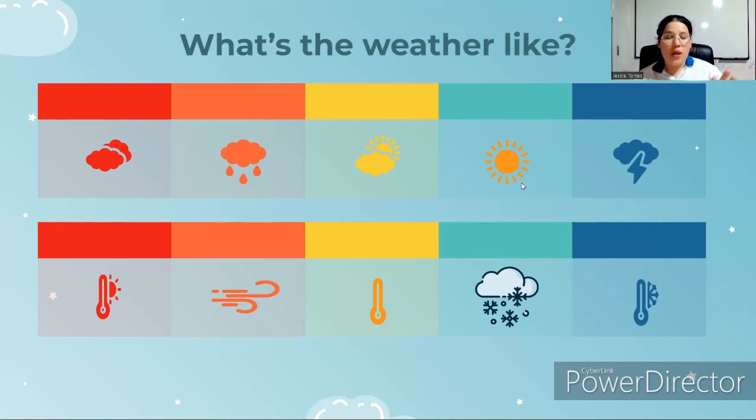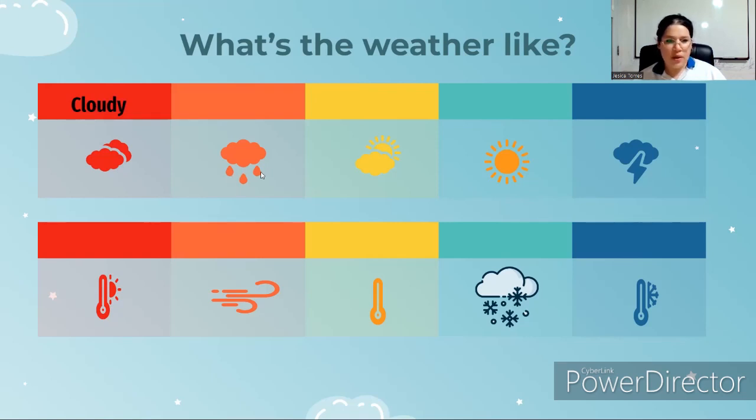Okay, so we have some weather conditions here. These are the basic ones, and temperature. So when somebody asks you, what's the weather like? Or what's the weather like in your country? What's the weather like in your city? Okay, so the first one is cloudy, cloudy, right? Cloud, so it's cloudy.